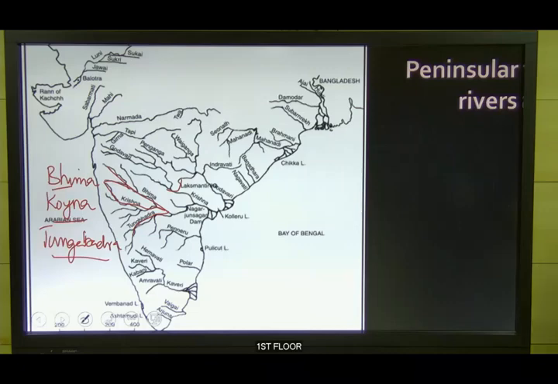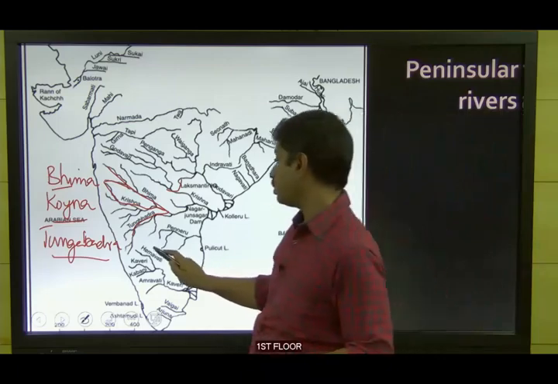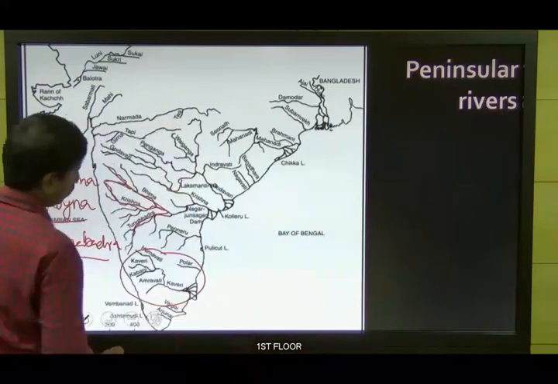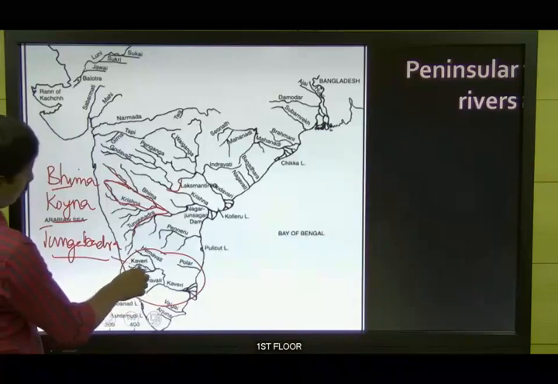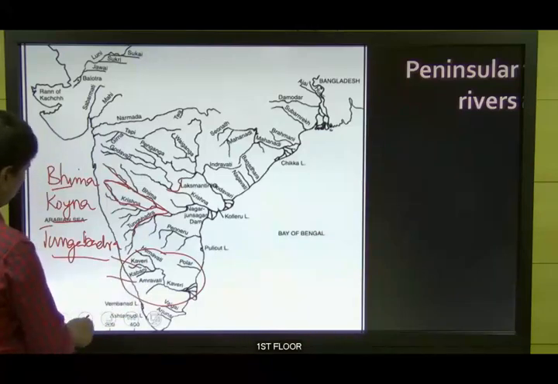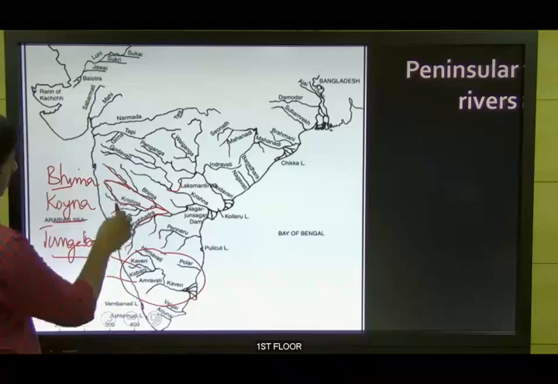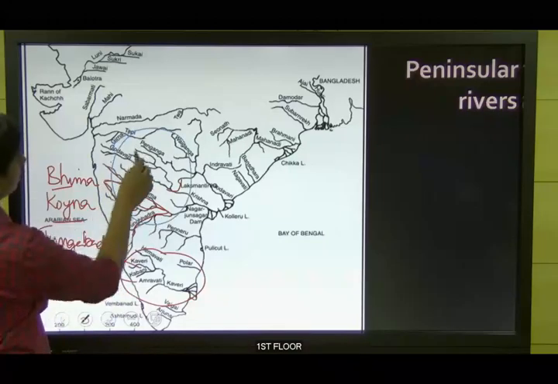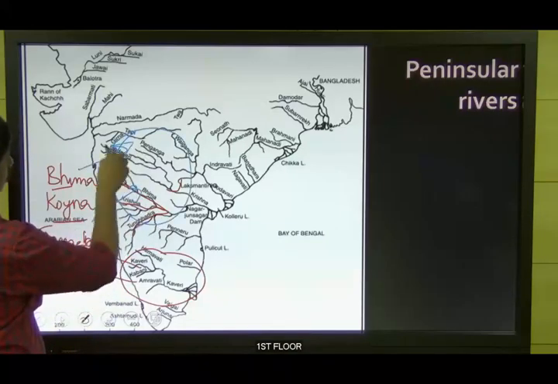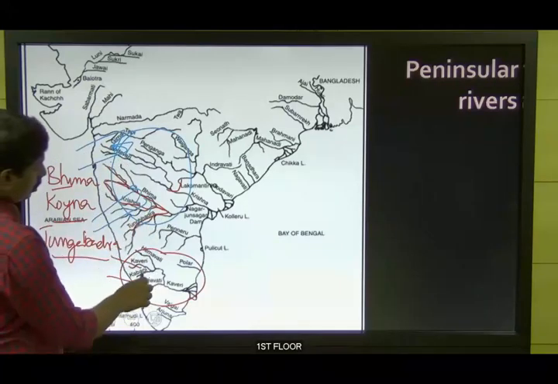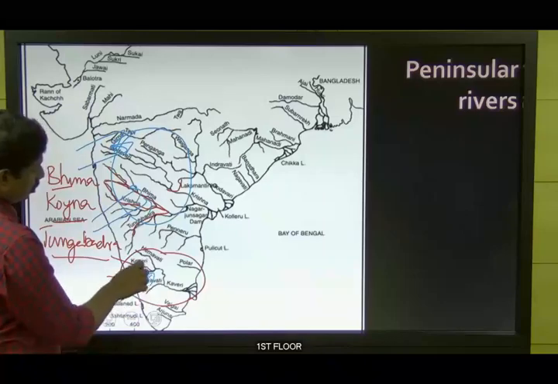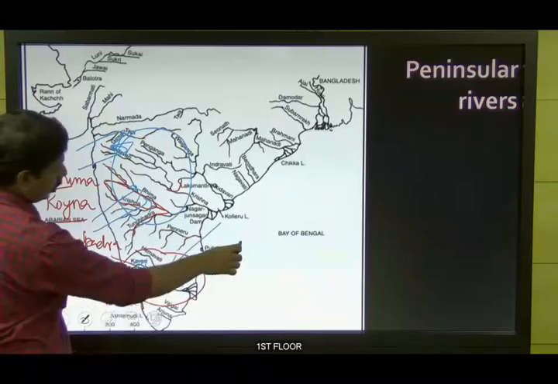Okay, there is one peculiarity related to Kaveri, because Kaveri alone receives rainfall from both monsoon seasons. Okay, these rivers receive rainfall only in the southwest monsoon. This Kaveri alone receives rainfall in the southwest monsoon and also the northeast monsoon.